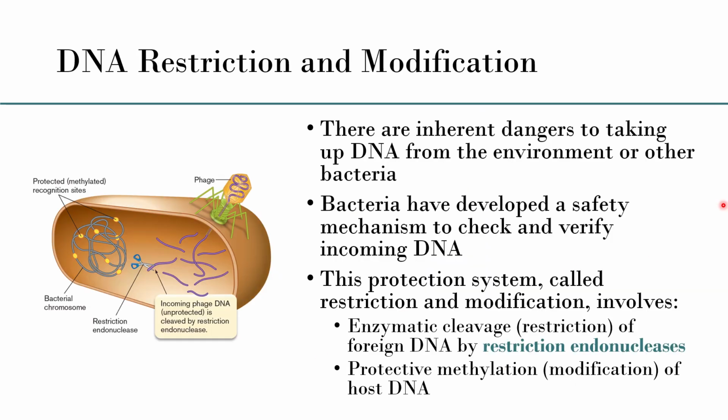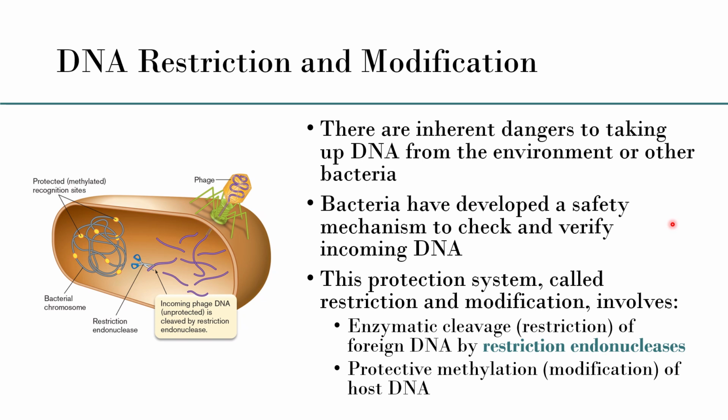Now, there are inherent dangers to taking up DNA from the environment and other bacteria. It could be dangerous. You might get a gene that is harmful to you. You might get a viral gene that ends up killing you. So, it is important that bacteria have safety mechanisms to check and verify the incoming DNA.